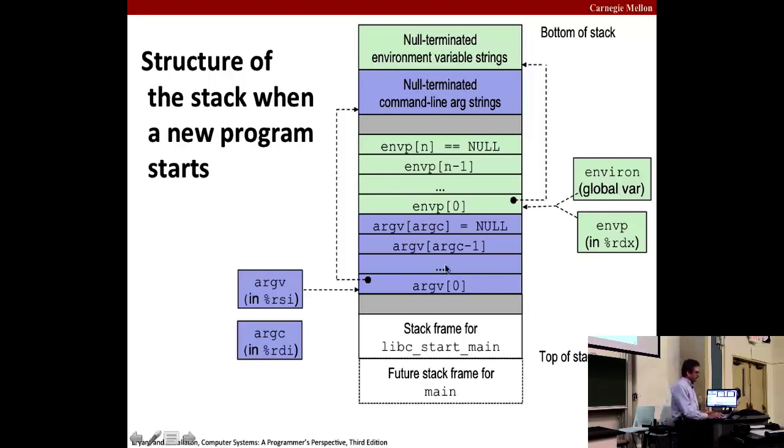And the stack that it creates has the following form. Here's the bottom of the stack, and our stack is growing this way. So the first function that executes is a function called libc_start_main. So that has a stack frame.